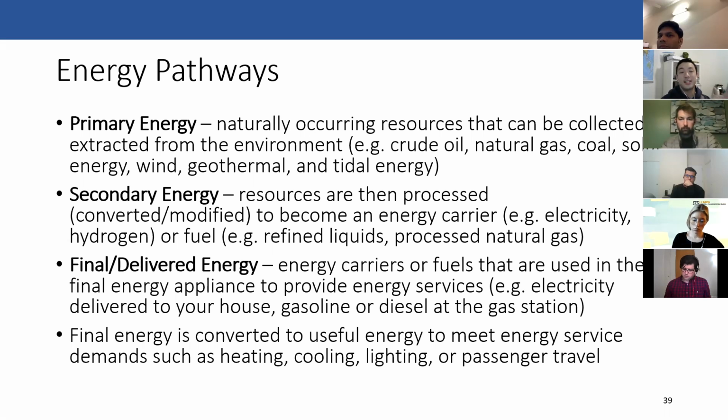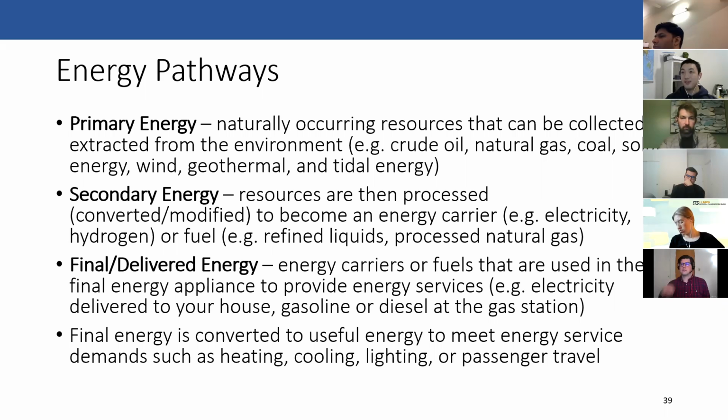We can then take primary energy and convert it to a different form of energy. And we consider all of those intermediates between primary energy and final energy as secondary energy. So this is any resource that is processed through man-made activity to become, for example, an energy carrier or a different type of fuel.